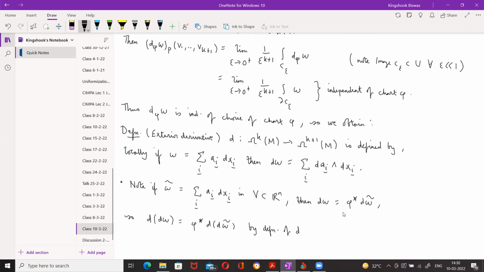But this will be phi star of 0, which is 0, because d of d omega tilde is 0 in Rn. This we know for the exterior derivative in Rn.